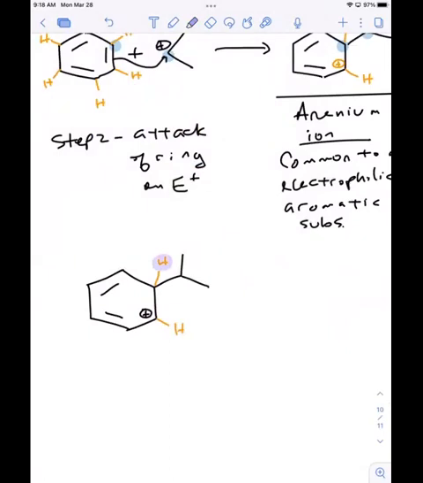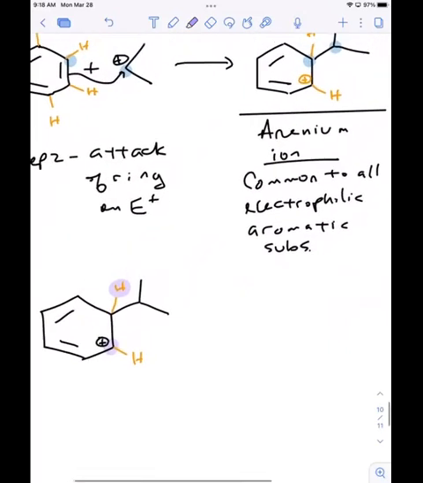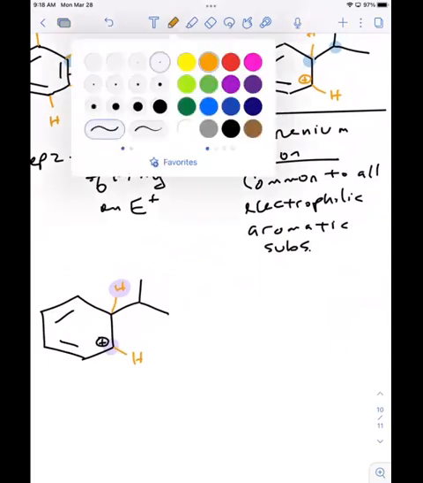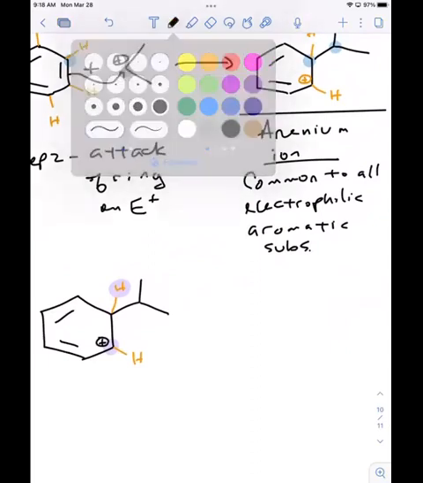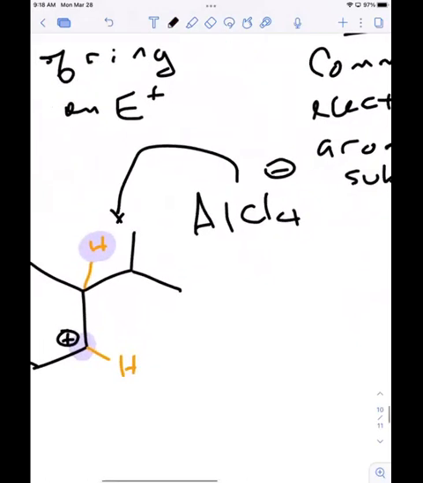So this carbon right here will be considered alpha. Right, so that's my alpha carbon. And then this is my carbocation. So if I pull off that alpha proton and put a pi bond there, it's going to extinguish that plus charge. Right, so I'm going to use the aluminum as a base. It's got a negative charge. So we're just going to take this and do this. Let me fix the arrow.